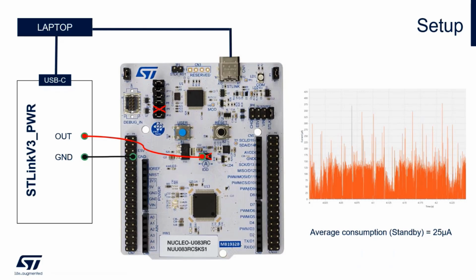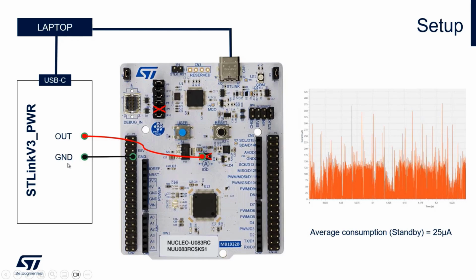To do it, we just need to remove jumper number 5 in the center, which is the link between the VDD of the MCU and the 3V3 of the whole Nucleo board. And we need to plug the out connector of the STLink V3 PWR to the VDD connector, the left pin of jumper number 5.